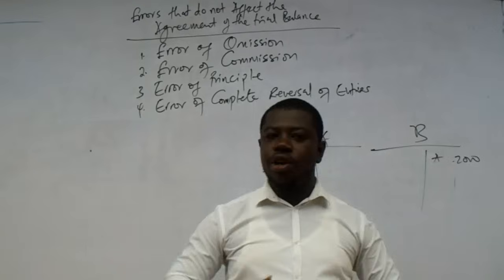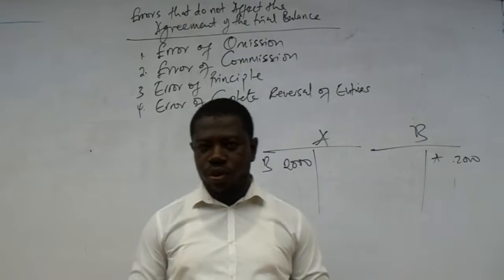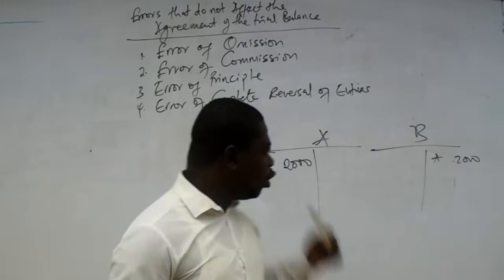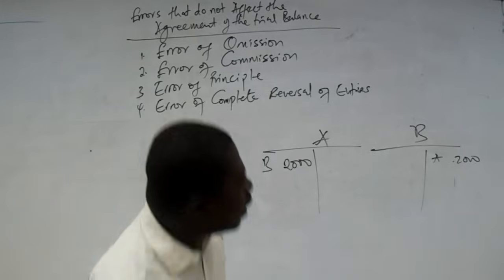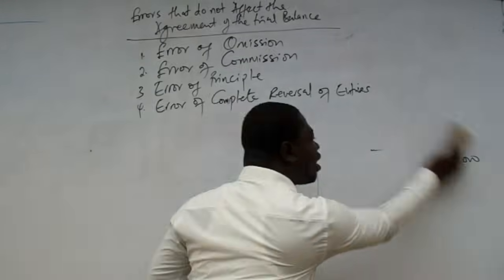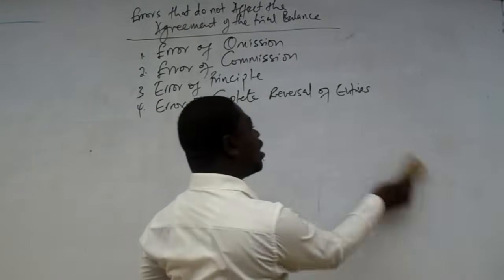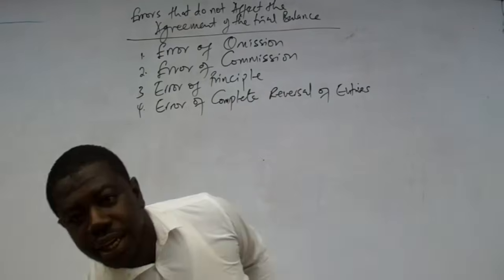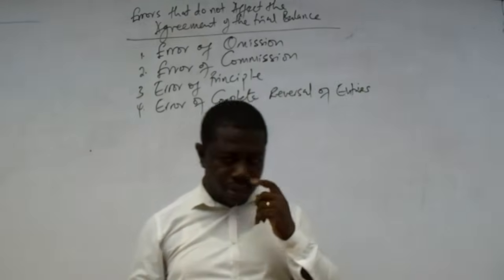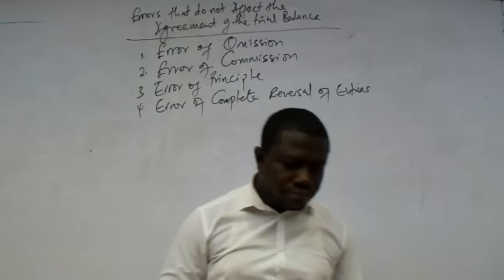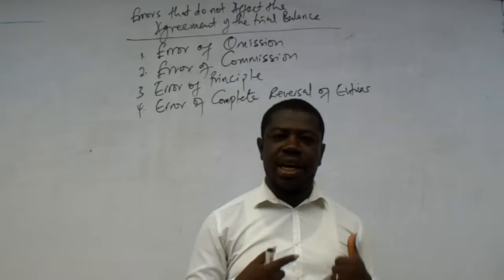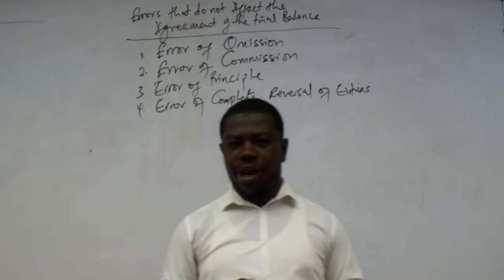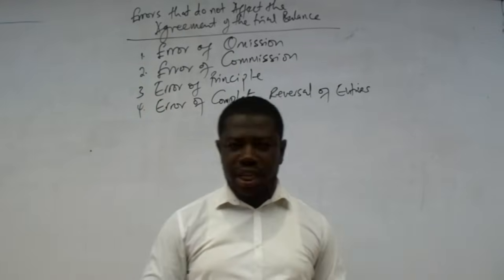If it was not a reversal, you don't double the amount. So take note very well that we double the amount anytime it's a reversal. Whether it is a partial reversal or a complete reversal, the correction will demand that the amount involved will be doubled before it's taken to the opposite side. But the complete reversal will not affect the agreement of the trial balance because it will involve both sides.